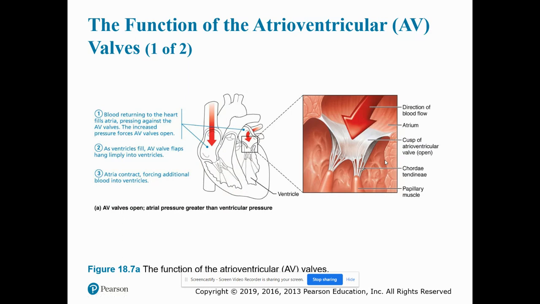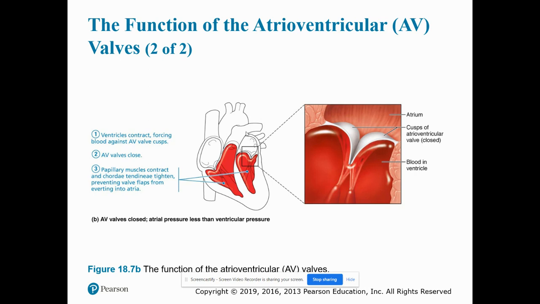All right, so how does this work? Blood is going to return to the heart, and it's going to fill the atria. As the pressure in the atria rises, it's going to force this valve open. This causes blood to passively flow into the ventricle. Then the atria is going to contract, which is going to force additional blood into the ventricle.